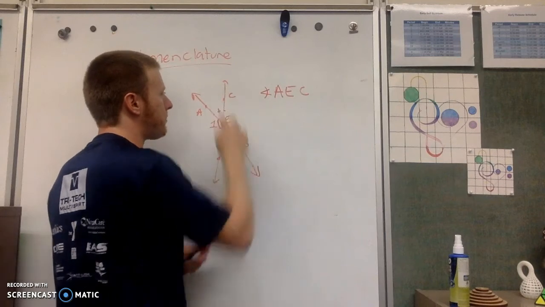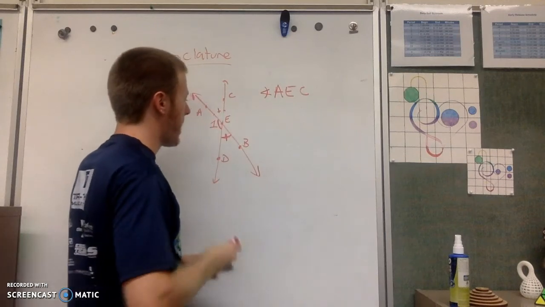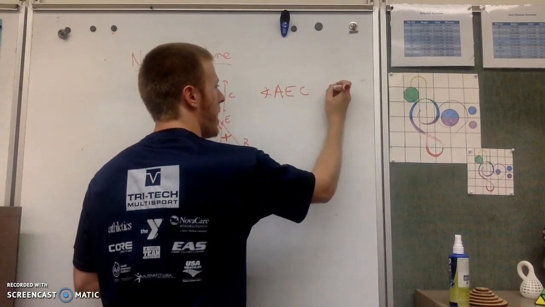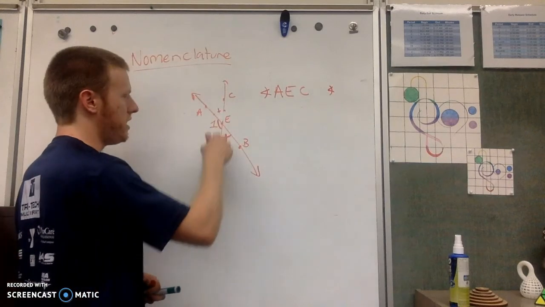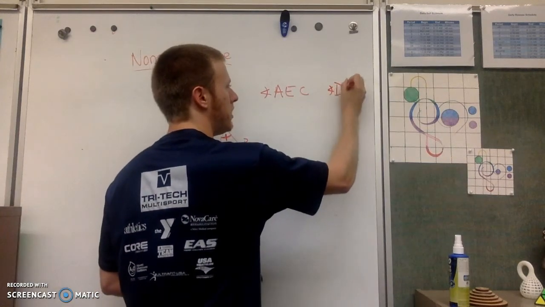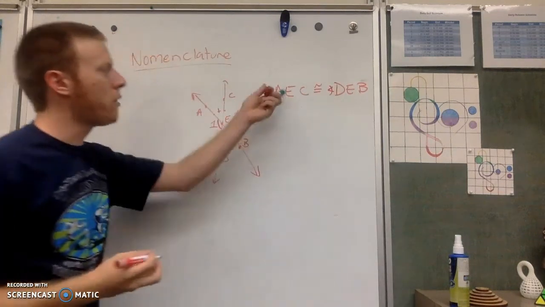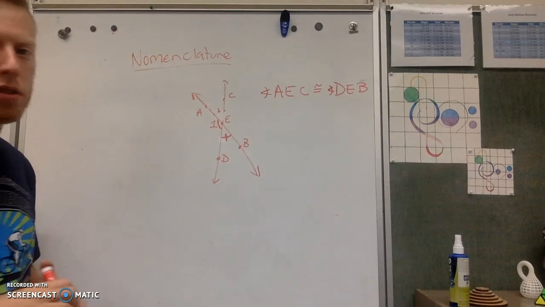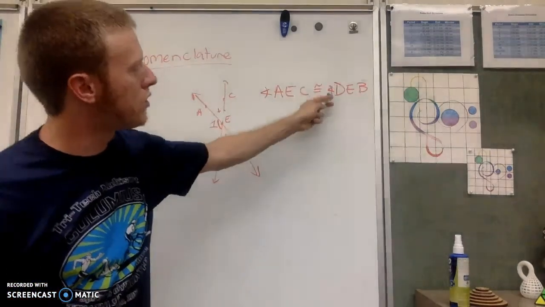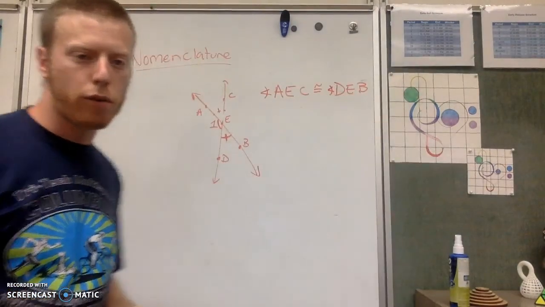Back up a little bit. That guy and, let's see, angle DEB. Those guys are congruent. So that's how we would write that statement there. We have angle AEC is congruent to angle DEB. Hopefully that makes sense.